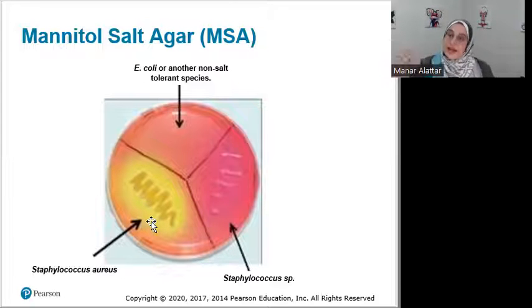We'll know that yes, this is a halophile that is gram-positive and also ferments mannitol, and it will be distinguished from halophiles that are gram-positive but don't ferment mannitol. And so in that way, it's both selective and differential.